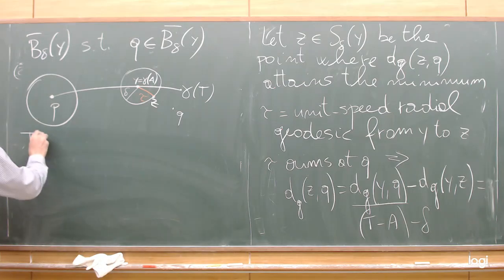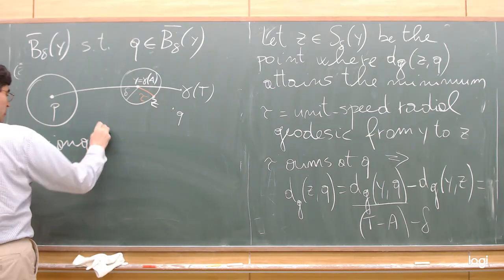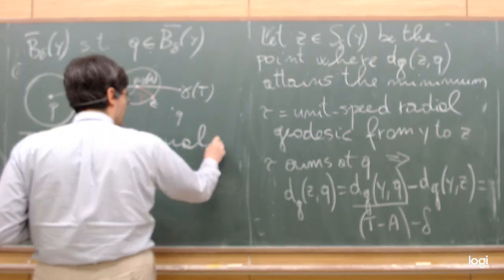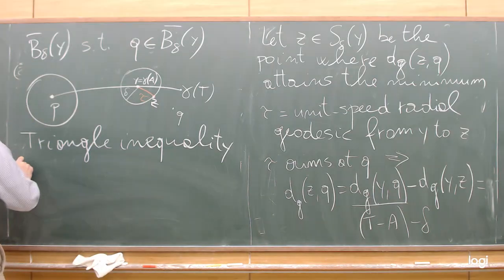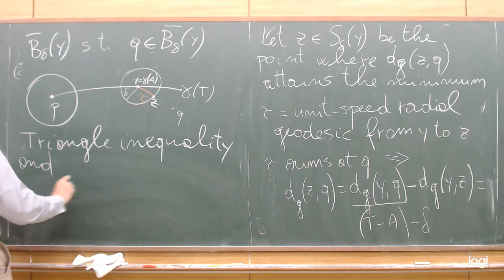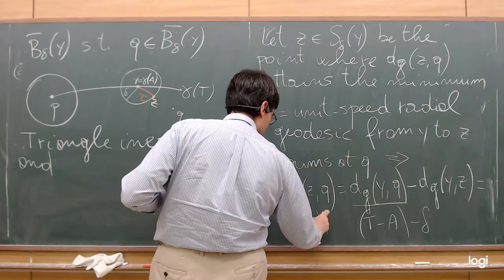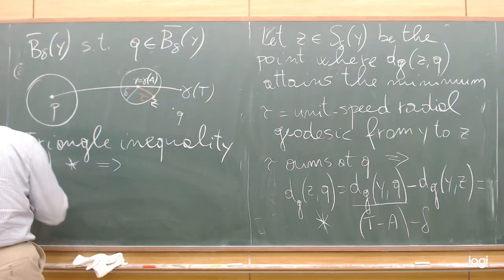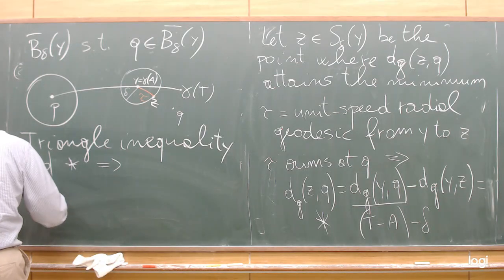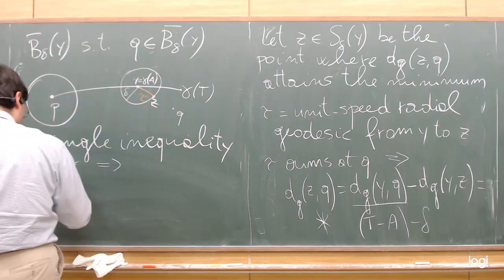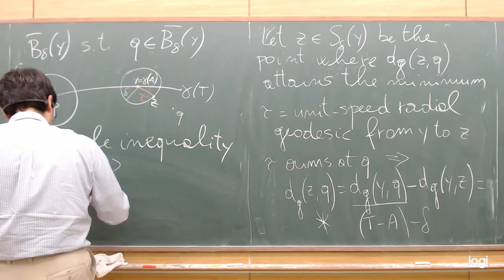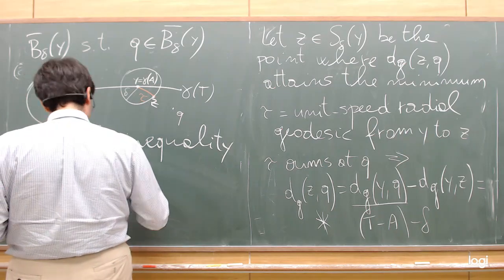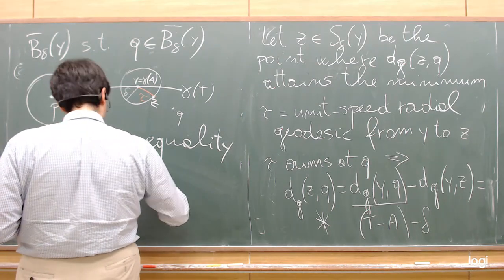Now we use a triangle inequality and the proposition and this formula, sorry, to get that the distance from P to Z can be estimated this way.